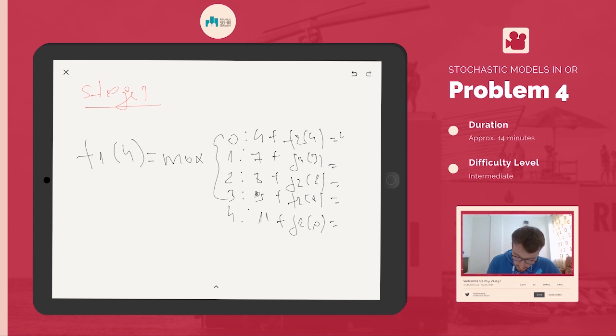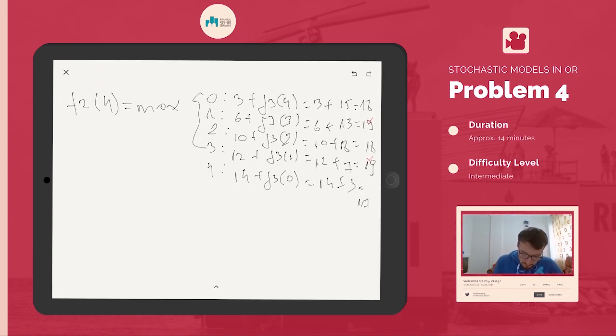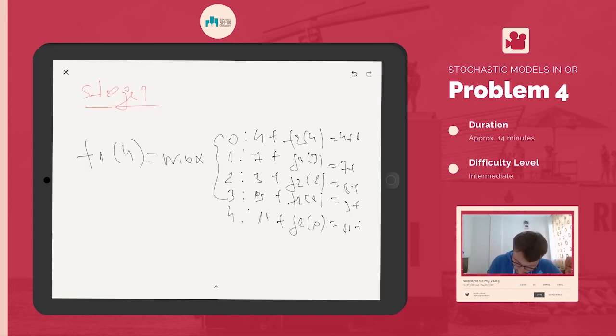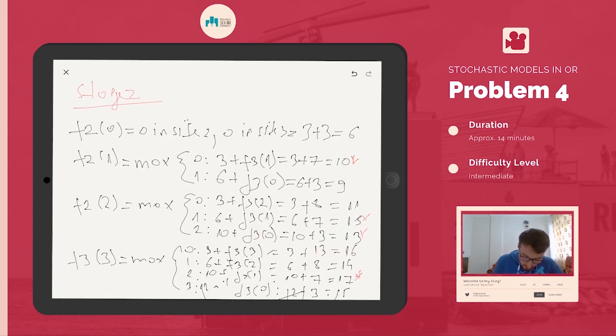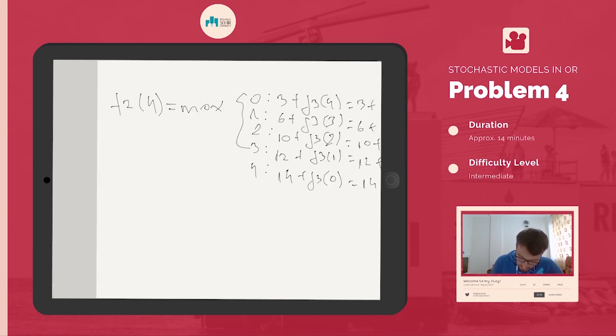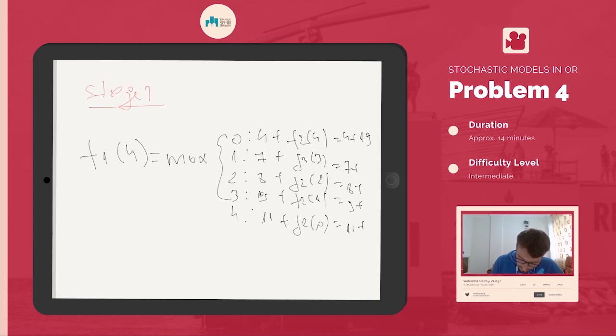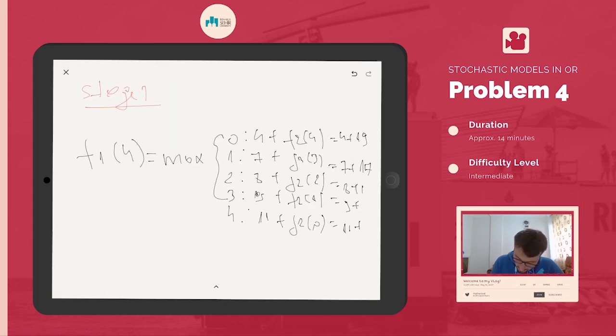We have 4, 7, 8, 9, 11, plus, plus, plus, plus, plus. F2, 4 is 19, F2, 3 is 17, we have 17, 13, 10, and 6.